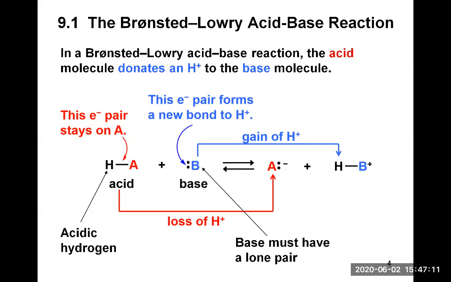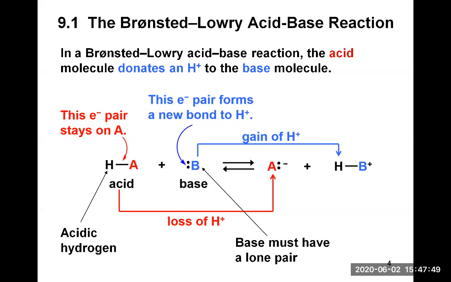So the electron pair that is between the H and the A will stay with the A. And so then you will have H+, and A will be A- with the lone pair. The bond becomes a lone pair on A, and then there is an extra electron for A, showing up as a negative charge. So the acid, when it donates a proton, becomes the A- ion with one negative charge.